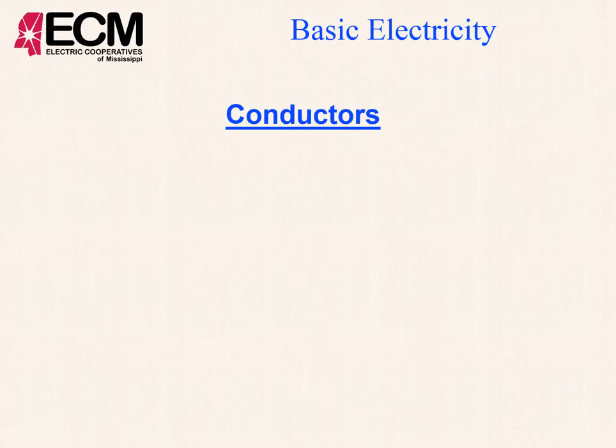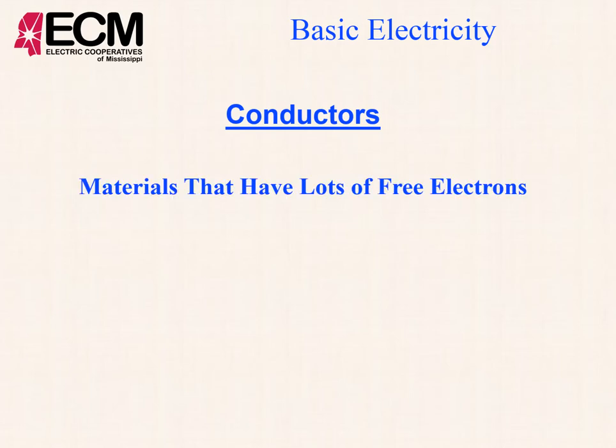All right, so conductors. So if electricity is the movement of electrons, what are conductors? Conductors are materials that have lots of free electrons. There's an imbalance. In that atom, there is a number relationship between the neutrons, protons, and electrons.